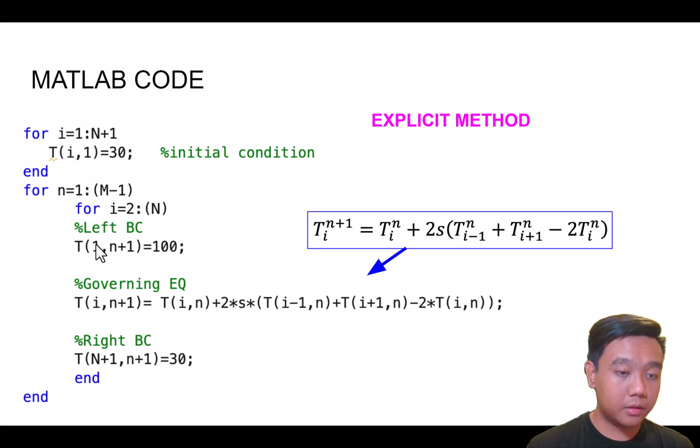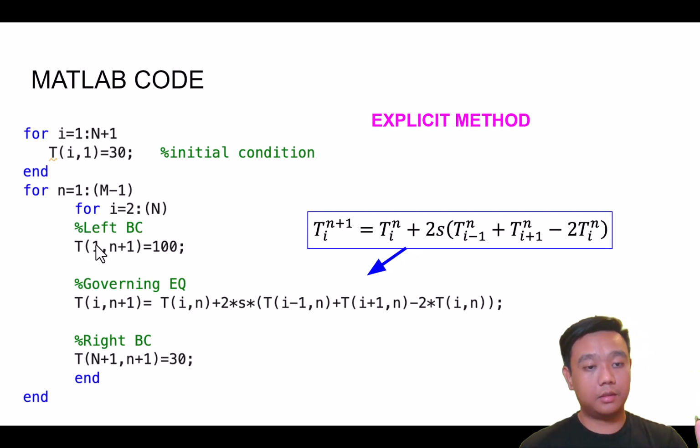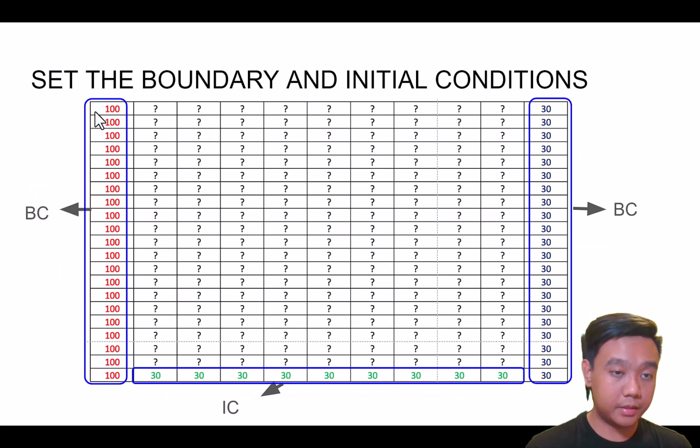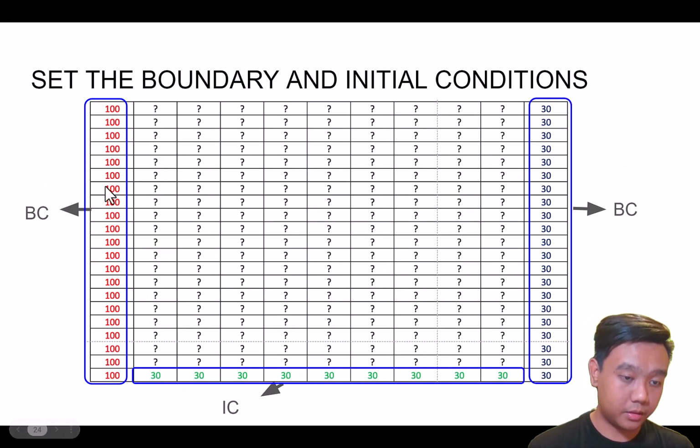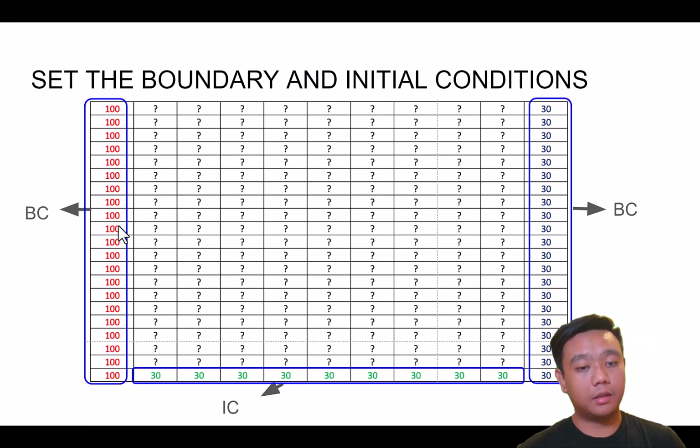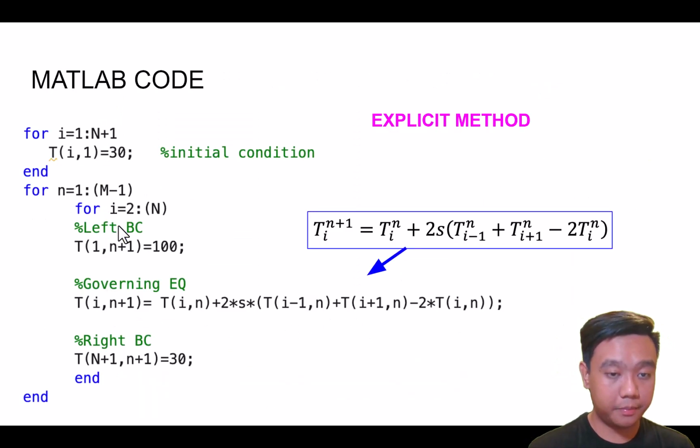For t1, n+1 means that I is equal to 1, this node here, the leftmost part, will be 100 for n up to the last n.